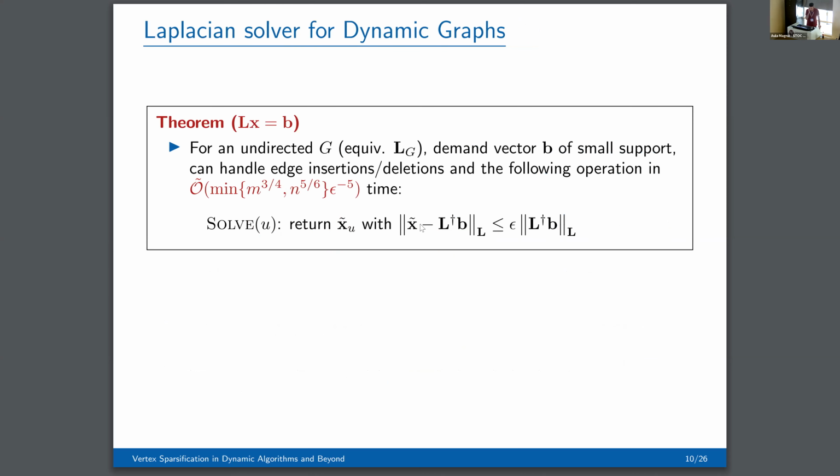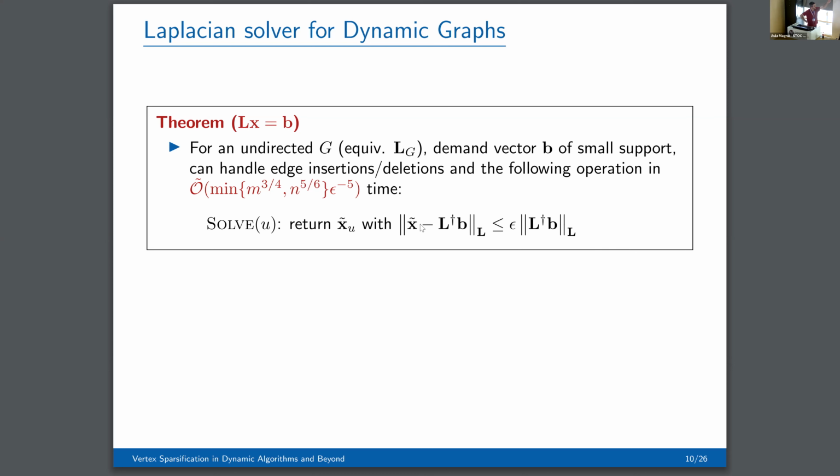So in addition to this, we also extend this work to Laplacian solvers. So we have a definition of what is a dynamic Laplacian solver. Again, the underlying matrix is changing, but because the solution vector can have up to n entries, what we look at instead is query access to a specific coordinate in the solution vector. And we want to make sure that this is a good solution with respect to the induced norm.